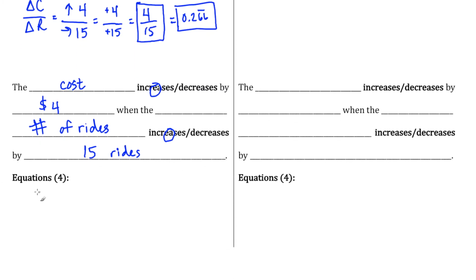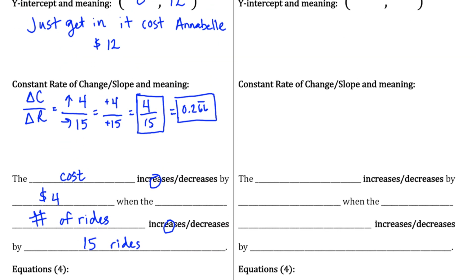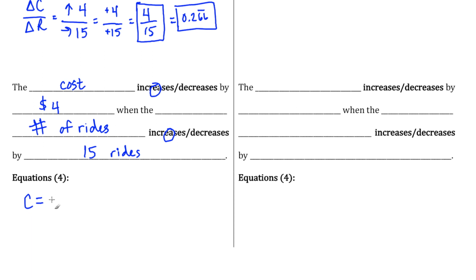Cool. So we're talking about the cost. Cost is our dependent variable. It started off at $12, and it increased by 4/15 of a dollar for every ride.